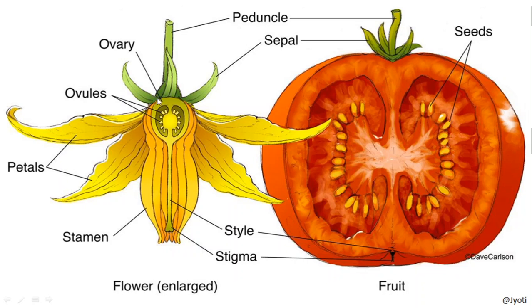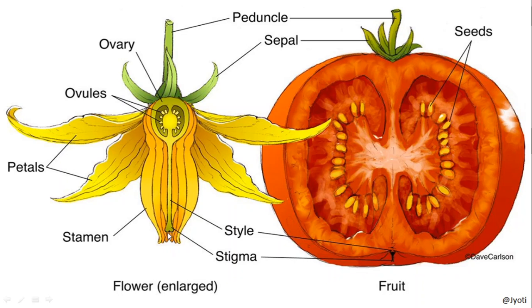So this ovary after fertilization. How does fertilization take place? If you remember, in the classification of plant kingdom, I discussed in angiosperm how fertilization takes place.